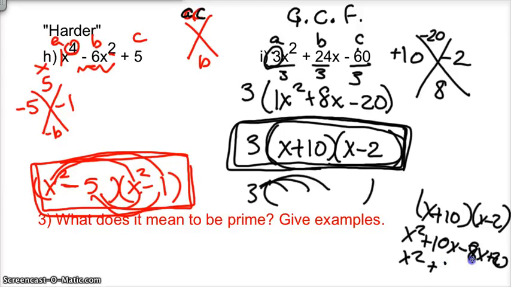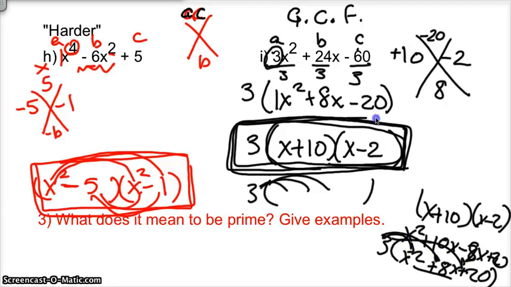Oh, I think that should be a 2. There we go. Which isn't what was typed originally. You need that 3 to get you back to the 3x squared plus 24x minus 60. So your answer is this whole thing. Notice the great big box.